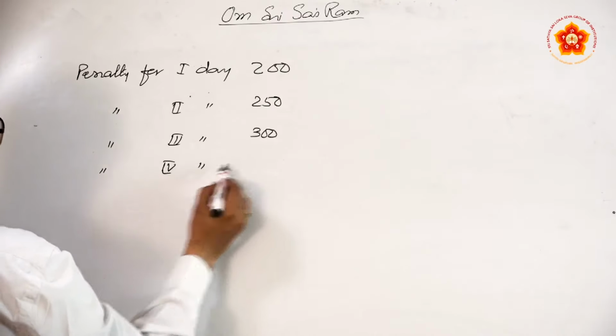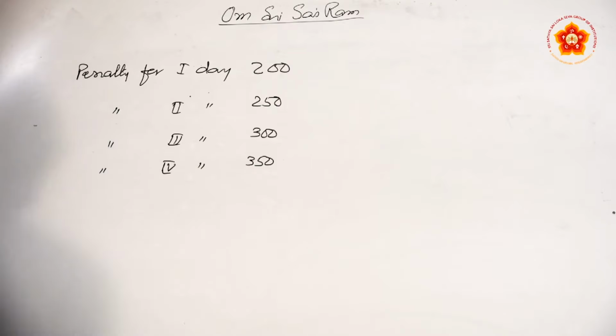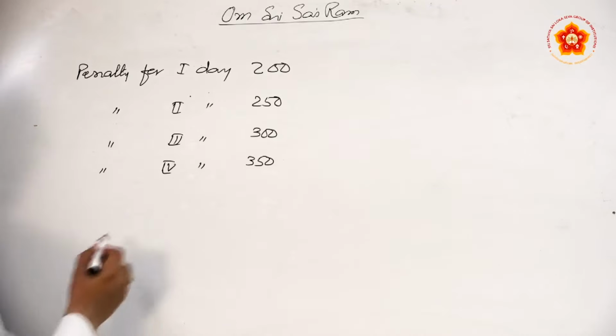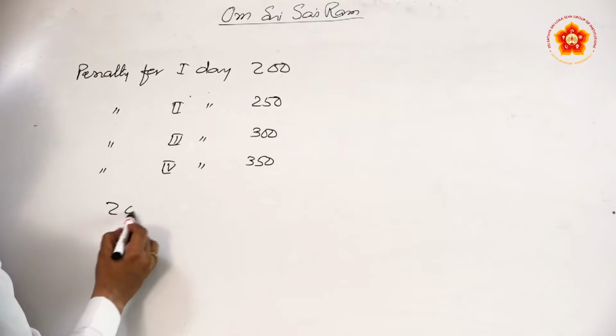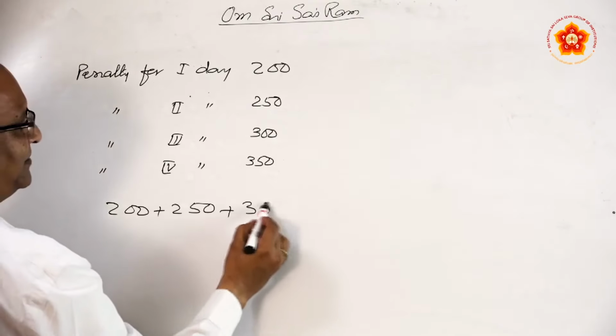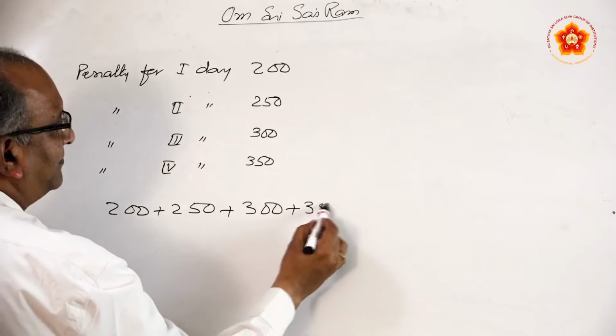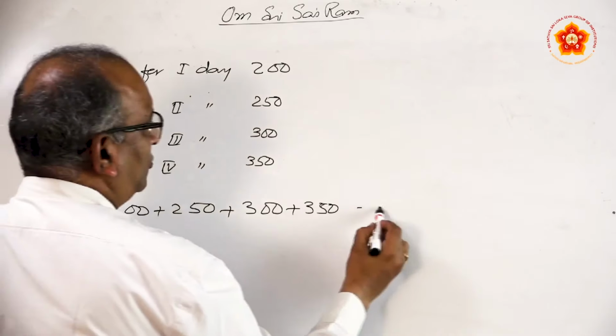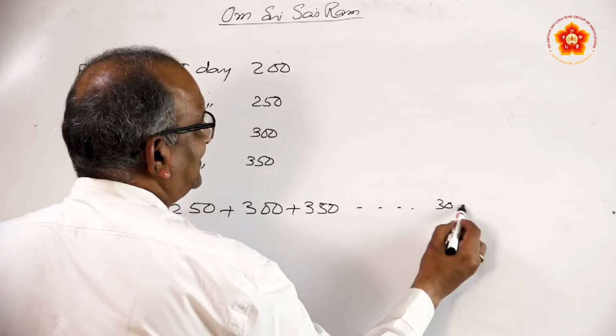For fourth day it is 350 rupees. We need to find the total penalty which he is going to pay. So write it down in a horizontal way and add them: 200 plus 250 plus 300 plus 350, etc. And this goes on for 30 days.